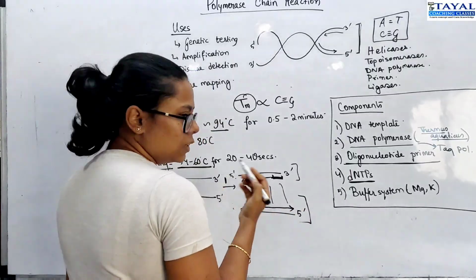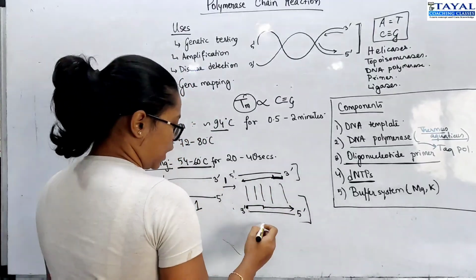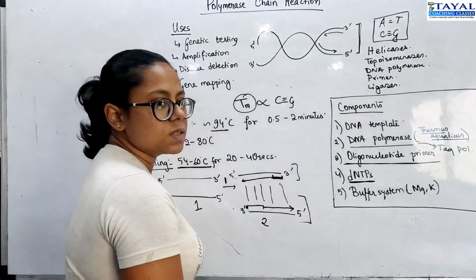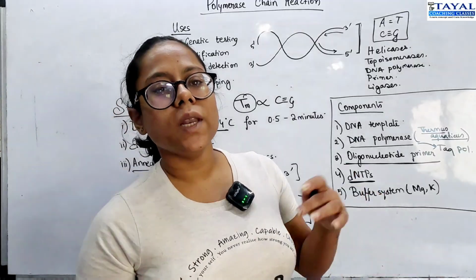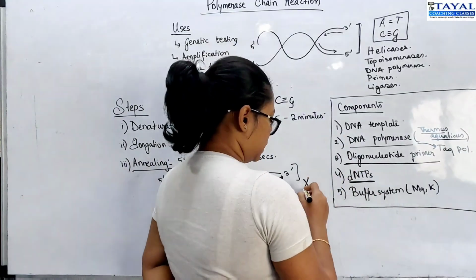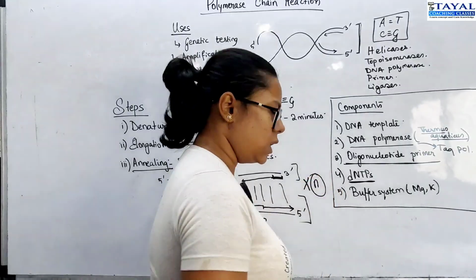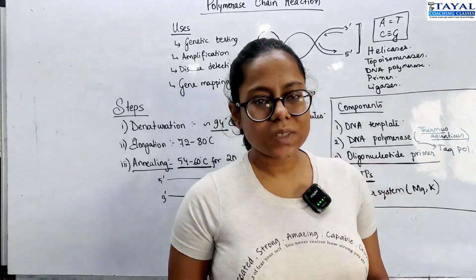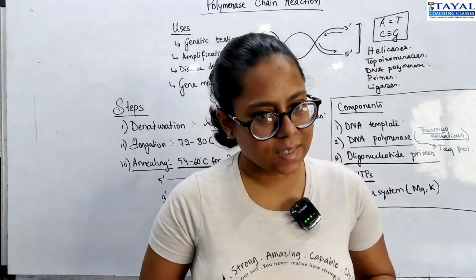So in one cycle, from 1, you get a total of 2. It doubles, correct? So from 2, you will get a total of 4. And therefore, if you do this cycle n number of times, you will get the doubled amount of DNA.